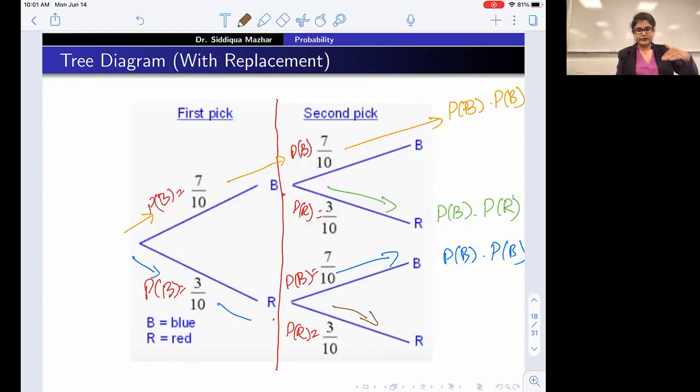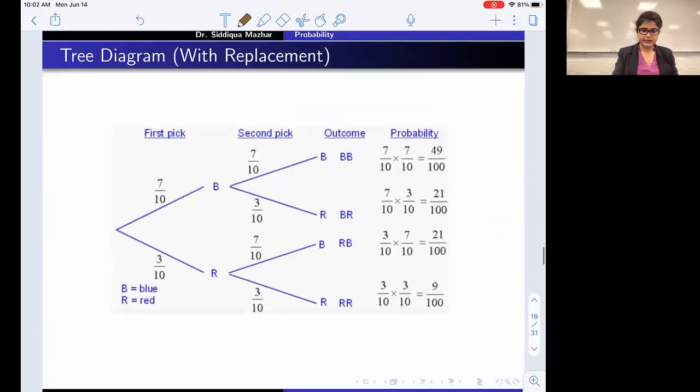So first was the probability of blue and then the probability of red. So after making branches after the second experiment, how many choices do we have? 4 outcomes in total. So if you look at their probabilities, this is how we will look for it.